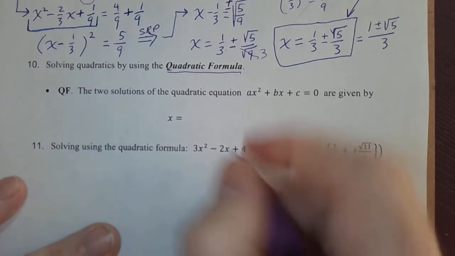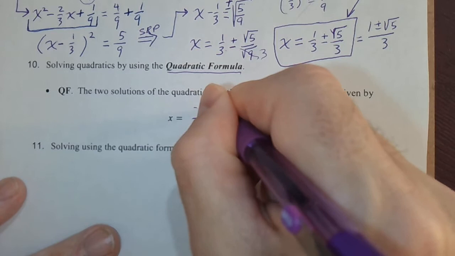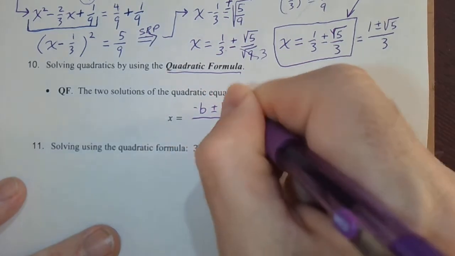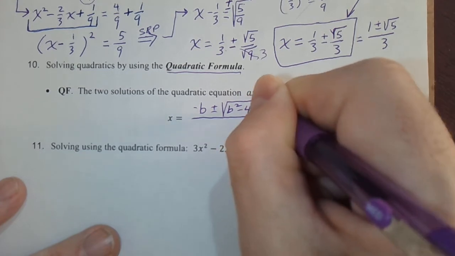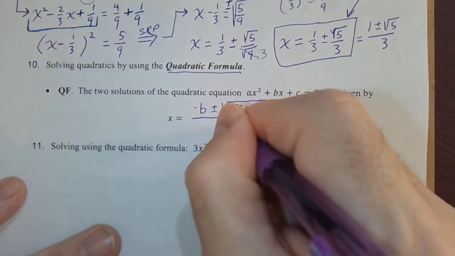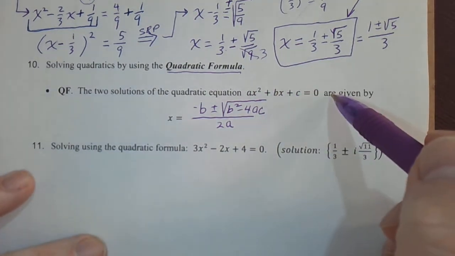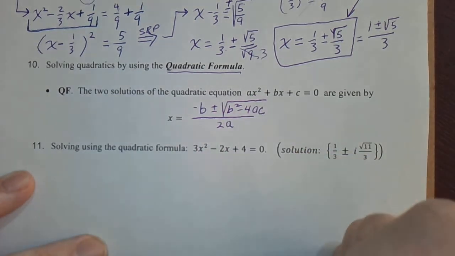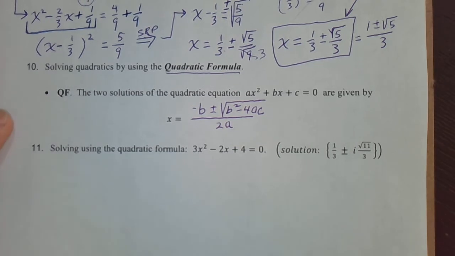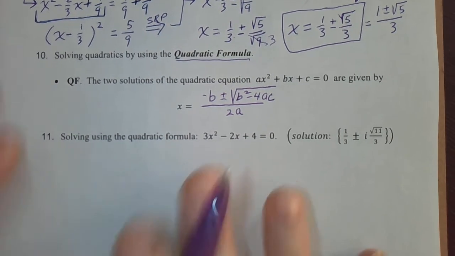The solution would then be this fraction, negative b plus or minus, big radical, b squared minus 4ac all over 2a. That's it. All you need to do is note what a, b, and c are, and then you can get rid of the equation and just plug it in right here. So it's pretty straightforward. All right, let's do this with number 11. Let's do this example.